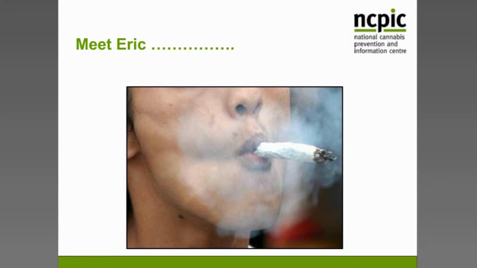So early initiation is linked with progression to heavy use, as I said, and dependence. School attainment is a significant factor when you start to use cannabis at school, and that leads to career opportunities or lack thereof, and choices. So adolescence and early adulthood are times of both physical and mental development.